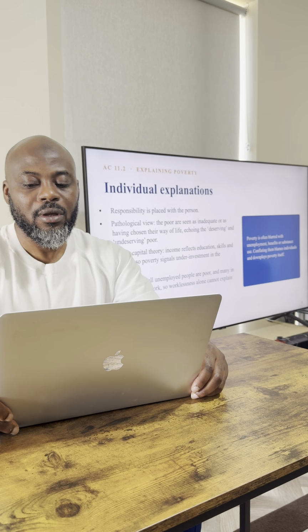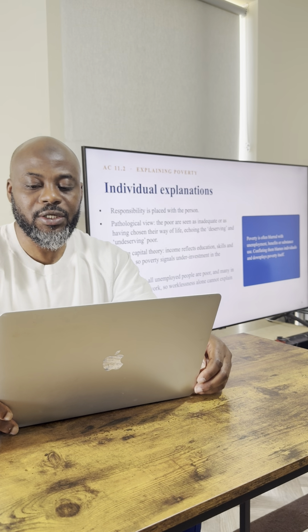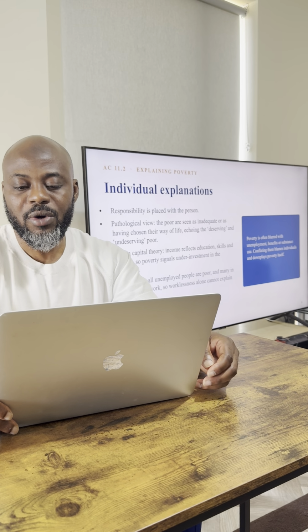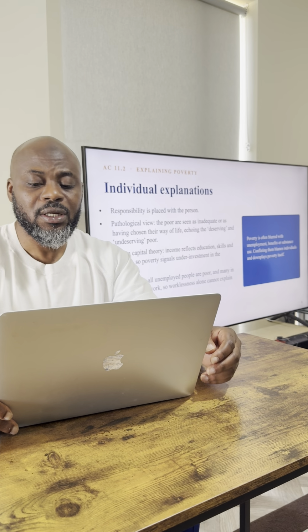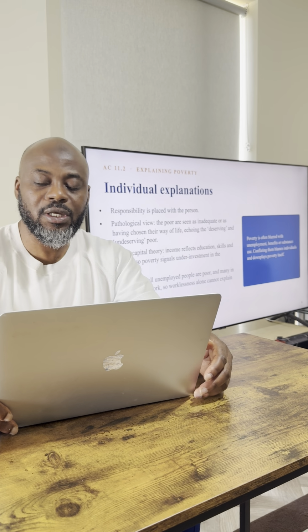Individual explanation. Individual explanation theory focuses on personal choice, education, and skills. While these factors can influence income, they do not fully explain poverty because many people in work still live in poverty.